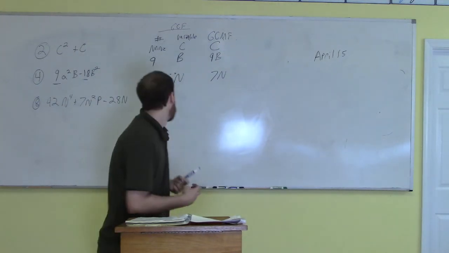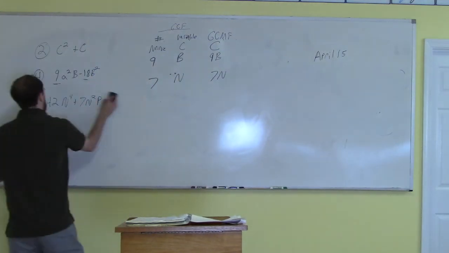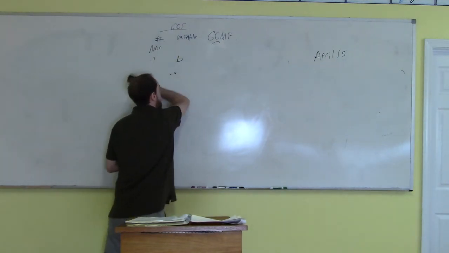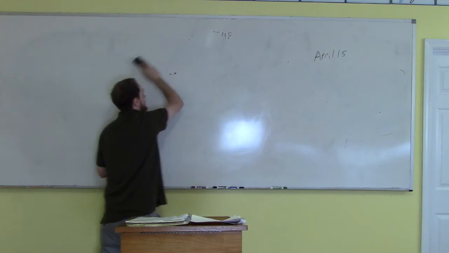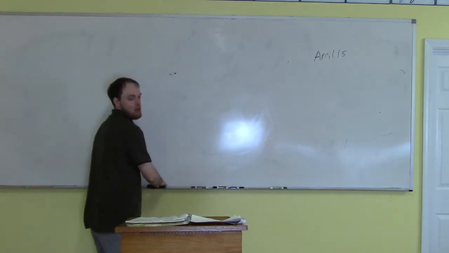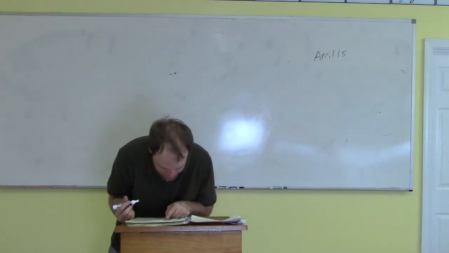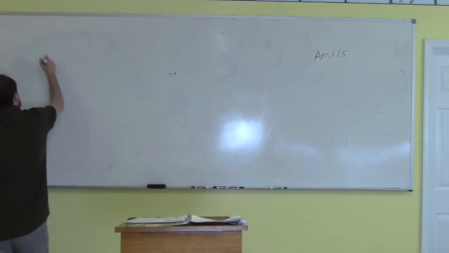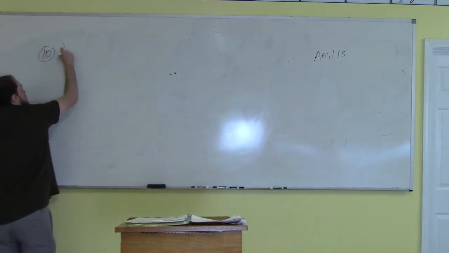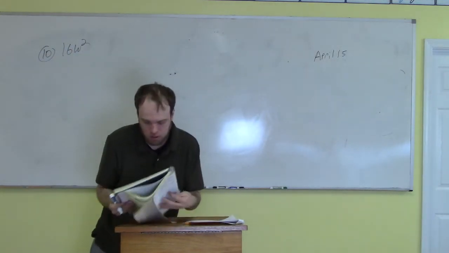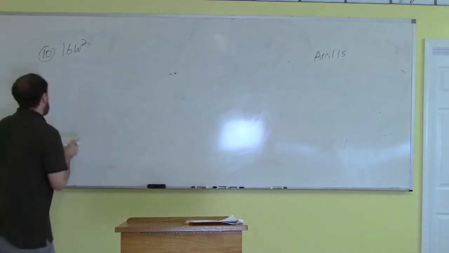All right, 9 and forward. They're going to kind of baby feed it to you at first, and then at the very end, you're going to have to do it on your own. So if you look at number 10, they give you 16w squared minus 24.